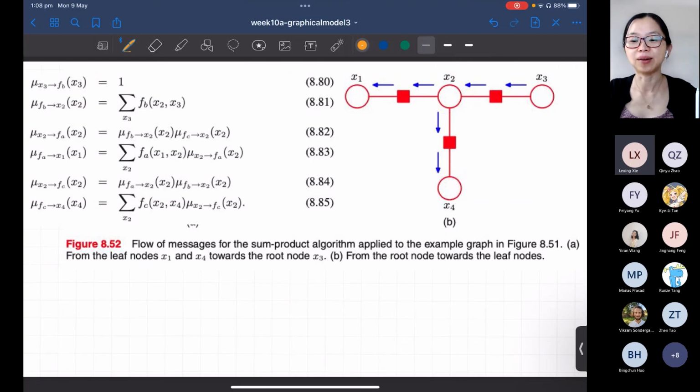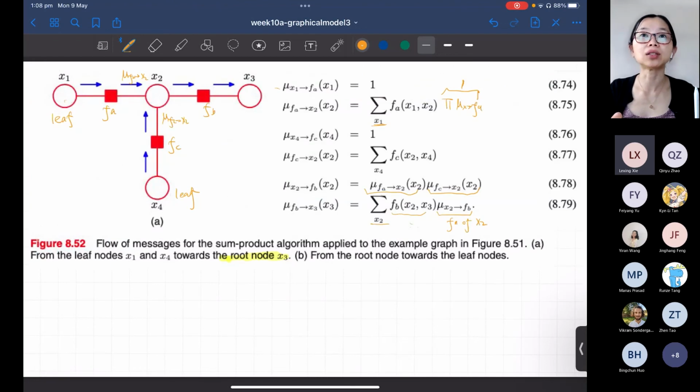Meaning that we don't have to do the sum product propagation again from scratch for each and every marginal that we compute. If we compute all of the messages in both directions, the claim is that if we want, let's say, the joint probability of x2 and x4, we can just get it.